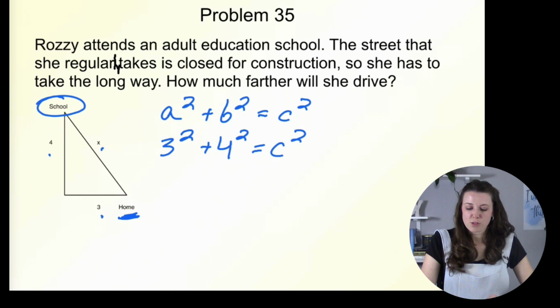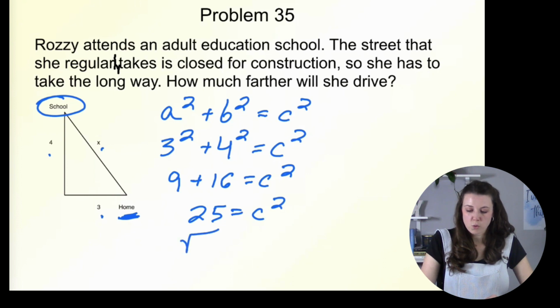So 3 times 3 is 9, plus 4 times 4 is 16, equals c squared. And I get 25 equals c squared. Now I'm going to do the square root of 25, and that will get rid of that squared there, and I'm left with 5 equals c.